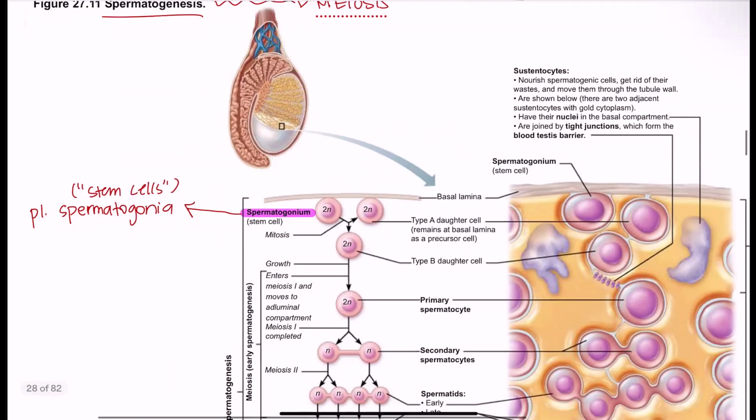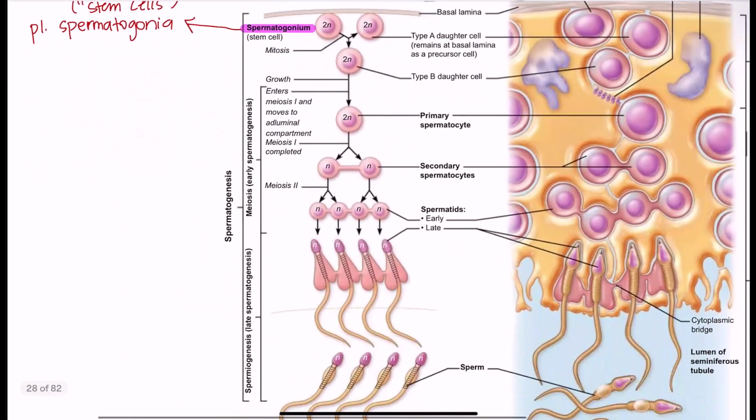So notice what's happening here is that one spermatogonium is producing this cell and that cell, and they're different types of daughter cells. The first one is a type A daughter cell. It's the spermatogonium making another spermatogonium.